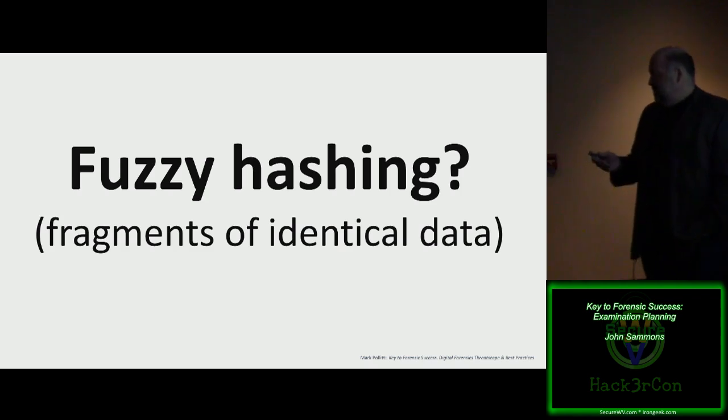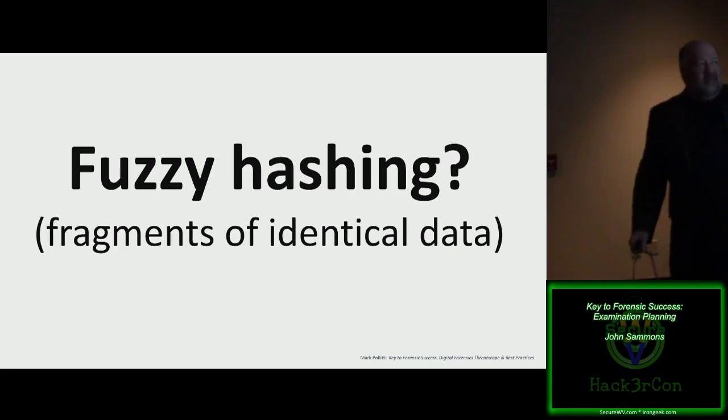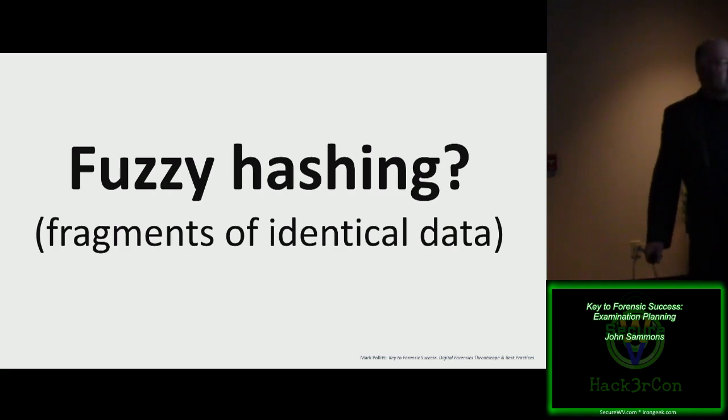So a hash is like a digital DNA or digital fingerprint. When you've got a hash value, I can match that up and say with mathematical certainty that those two things are identical. A fuzzy hash is going to say they're not an exact match, but that's pretty close. So this fuzzy hash is going to find things that are fragments of an identical data set.